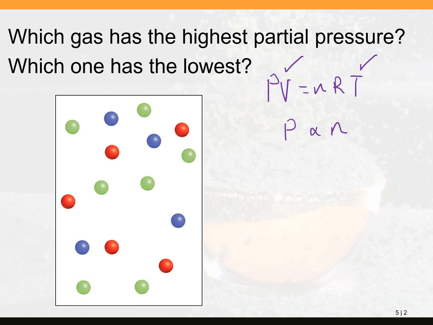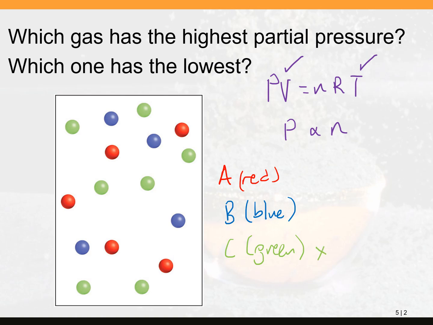So which of these gases, red gas A, the blue gas B, or the green gas C, has the highest pressure? Well, which one of them has the highest number of moles?